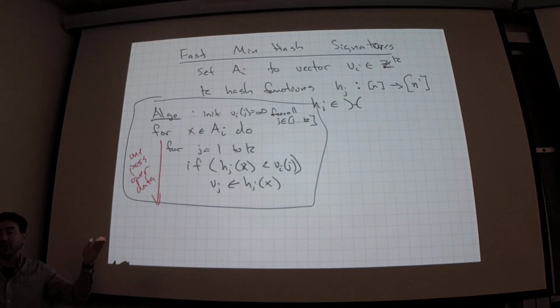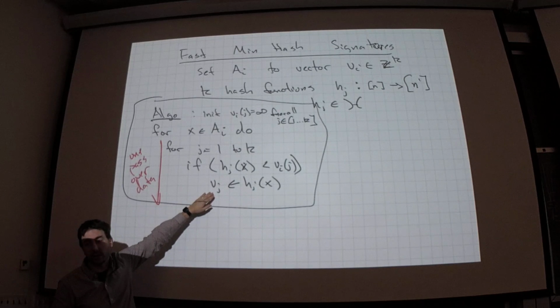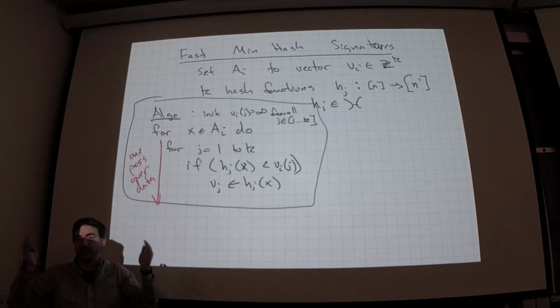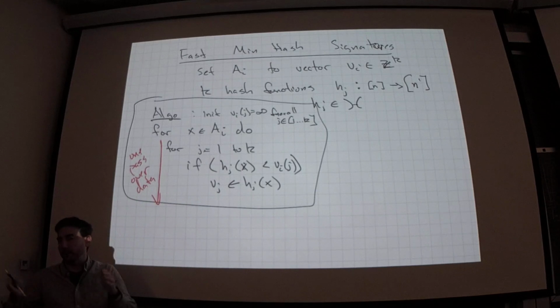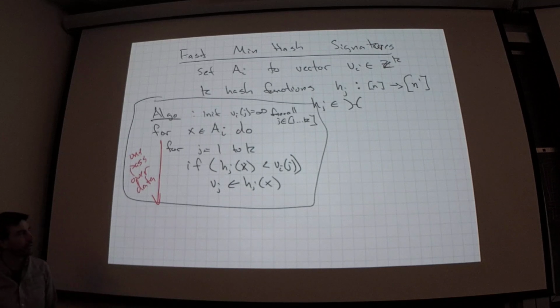I just need to scan my document once, and I can output these hash vectors and update them. As I keep reading, they keep updating, and they get smaller and smaller values. So I can do this in one pass once I've set up these hash functions. The hash functions are fixed and stored, so if I have another document to read, I need to use the same hash functions.